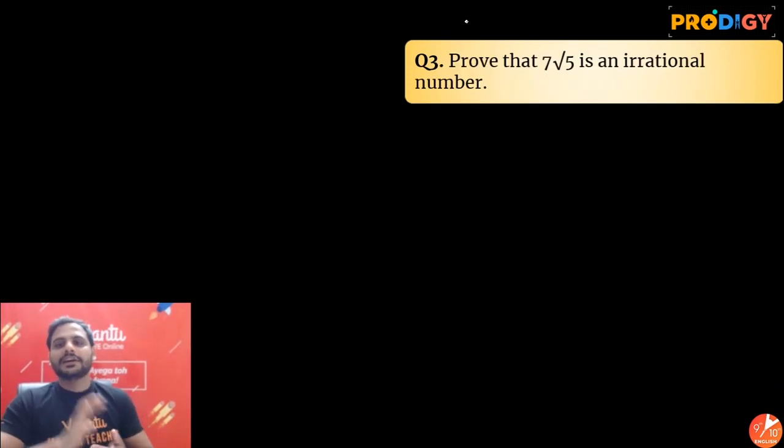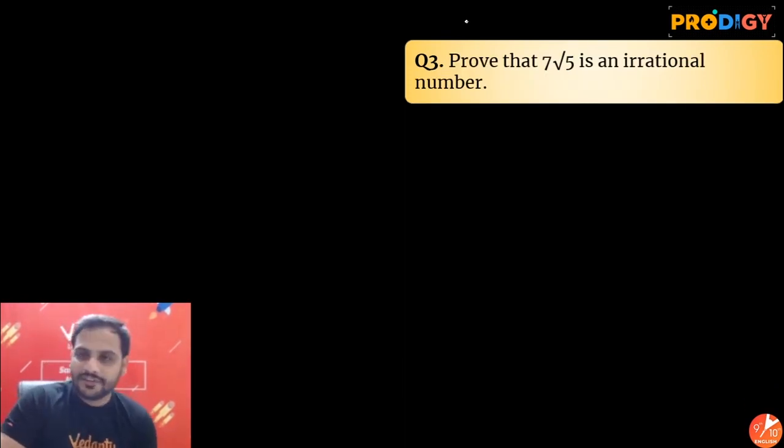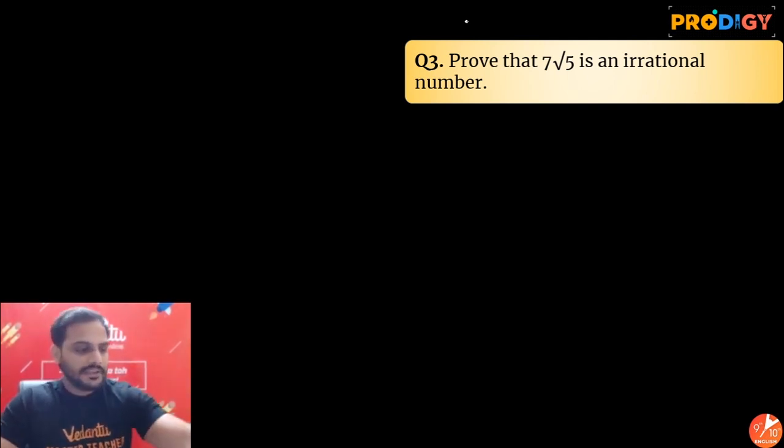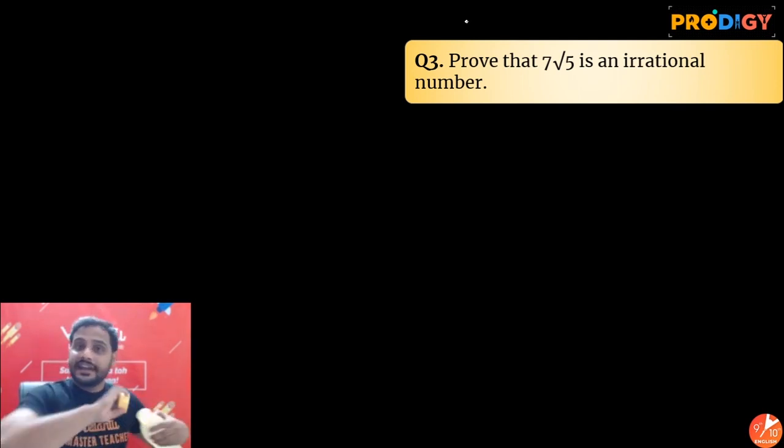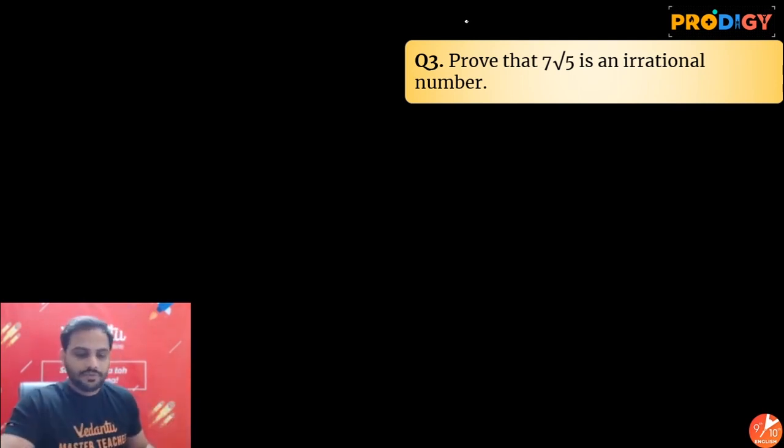Next question, prove that 7 root 5 is an irrational number. As you remember, I was telling you that for root 2, root 3, root 5, root 7, if I directly ask you to prove that root 2 is irrational or root 3 is irrational, then you have to follow that method, which is a bit lengthy.